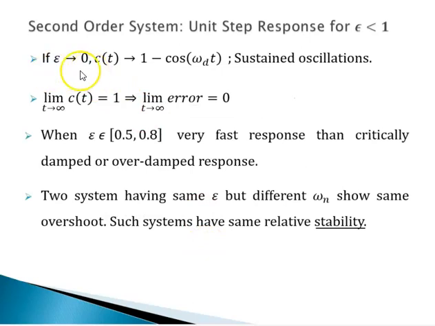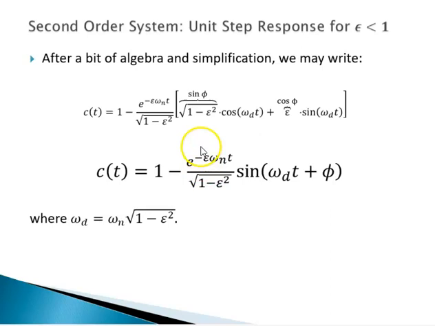Firstly, we see that if epsilon is very small, this term vanishes and this term is cos omega d t, and this term is 1. So you are left with 1 minus cos omega d t.